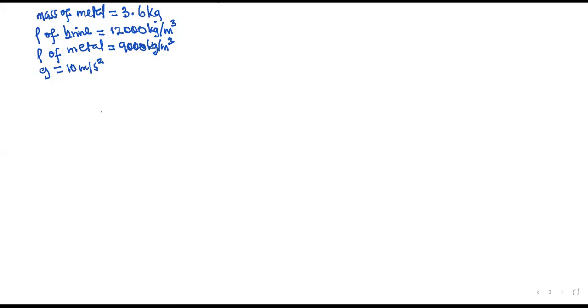With the metal in brine, negative 11.76 Newton? It should be 31.2. Yes, we'll solve it. Then, what is the density of the liquid in which it gives a reading of 33 Newton?